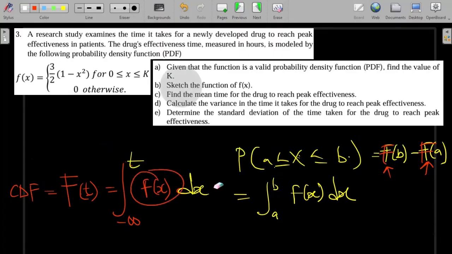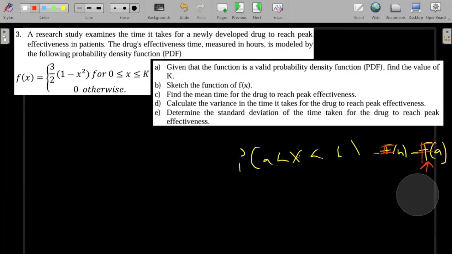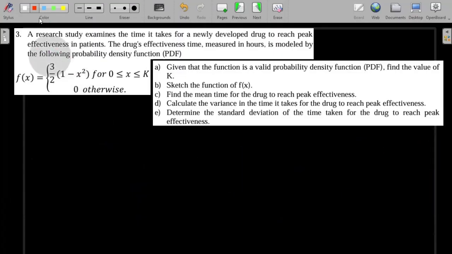So now let's look at this question. They're saying a research study examines the time it takes for a newly developed drug to reach peak effectiveness in patients. The drug's effectiveness time, measured in hours, is modeled by the probability density function given here.